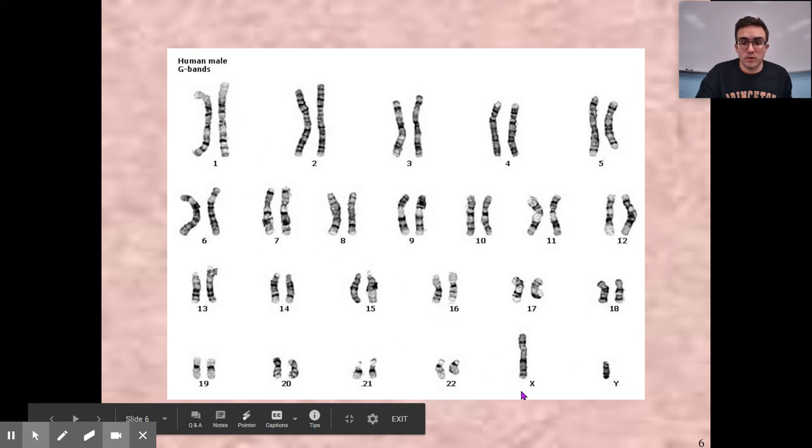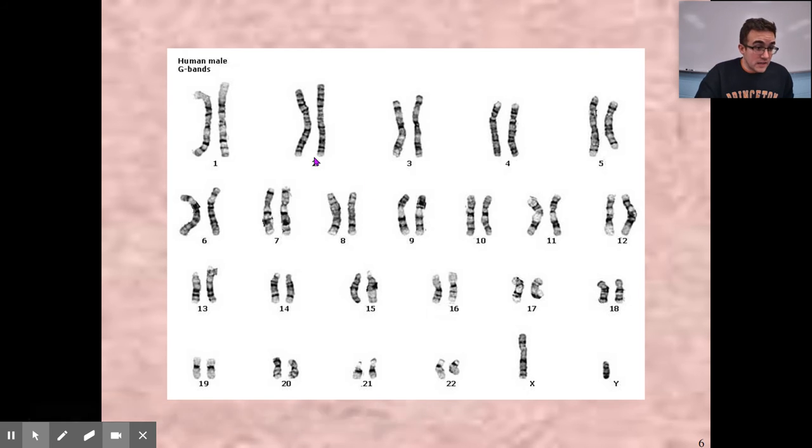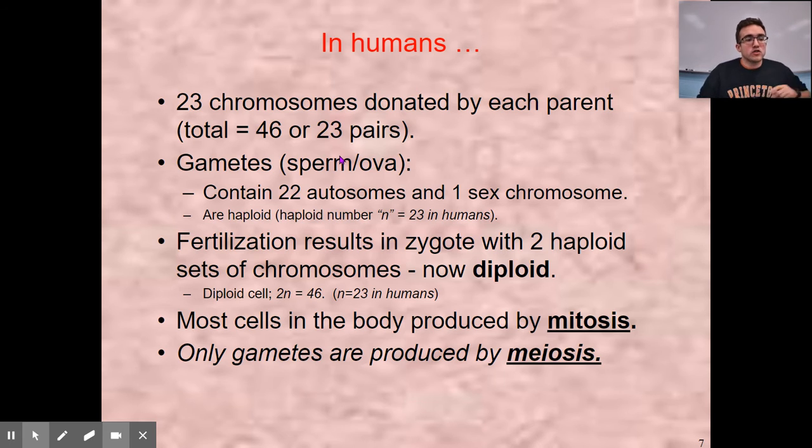We have 23 pairs, 23 times 2, because each pair has 2, is 46. Half of your chromosomes come from mom, the other half come from dad. That means the gametes, the sperm and the egg cells, carry 23 chromosomes each: 22 autosomal chromosomes and 1 sex chromosome. That's the haploid number. The sex cells are haploid. Sperm and egg cells are haploid.